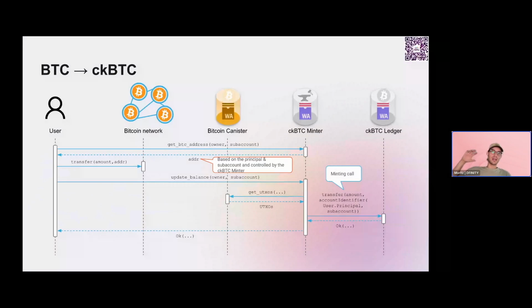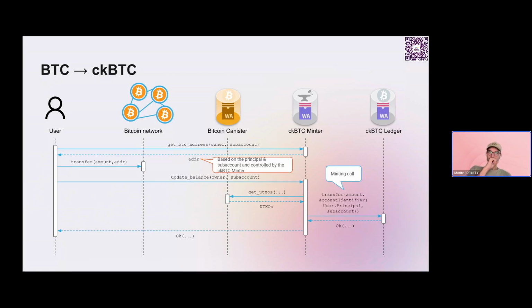Now that we have a better understanding of what ckBTC is and what components are involved, let's see how it actually works by looking at the process of converting Bitcoin into ckBTC. The process starts with the user who wants to convert Bitcoin to ckBTC querying the ckBTC minter for the address to send funds to, using get_btc_address.